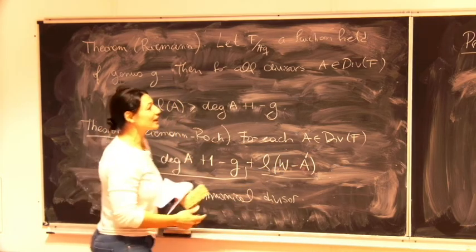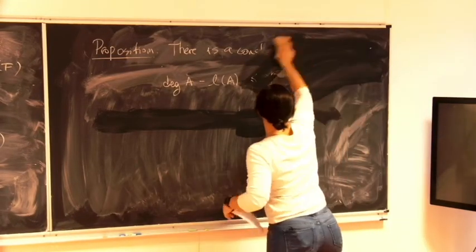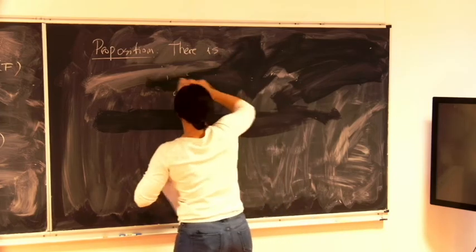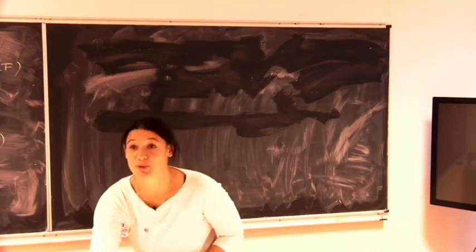And so that's the result that we are going to use to bound the parameters of the AG codes when we define them. That's going to be tomorrow.